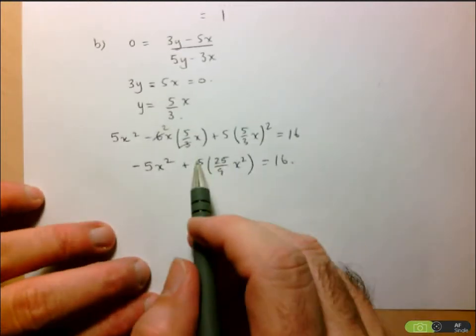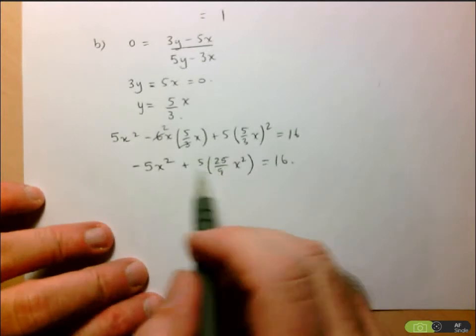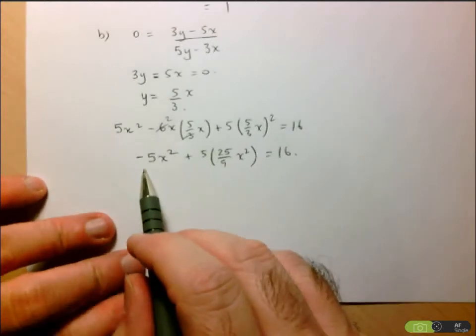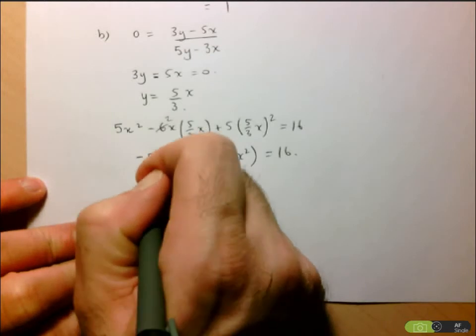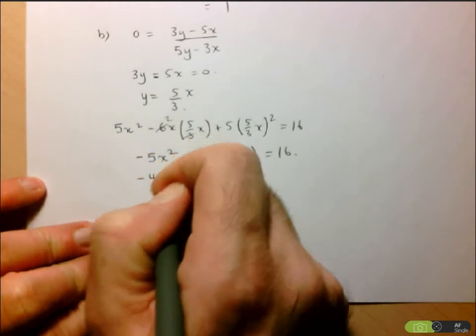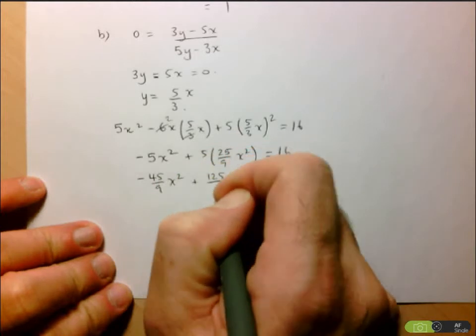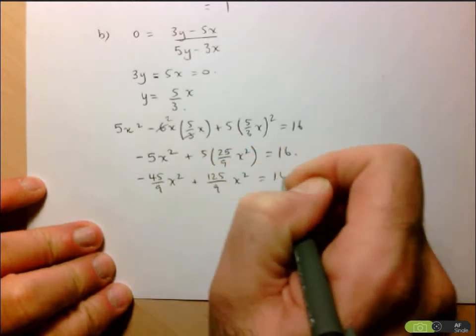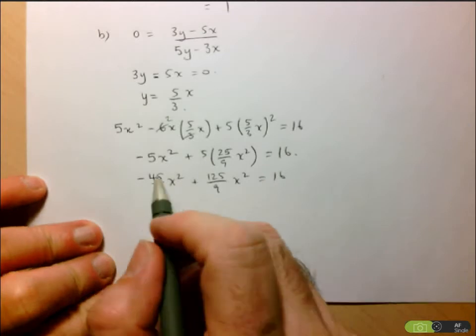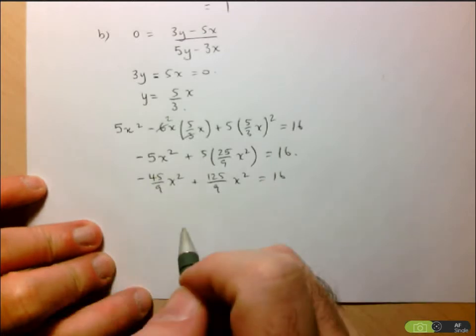And here, well, we have 125 over 9. So let's put this over a common denominator of 9. So that'll be negative 45 over 9 x squared plus 125 over 9 x squared equals 16. So negative 45 plus 125 is 80.